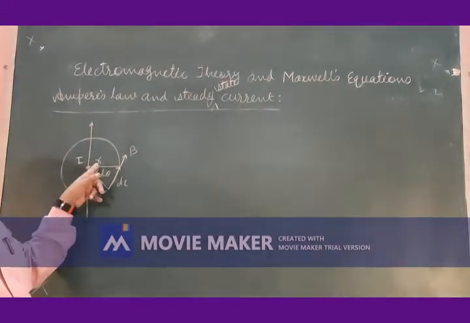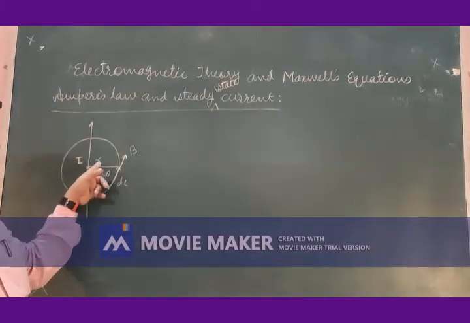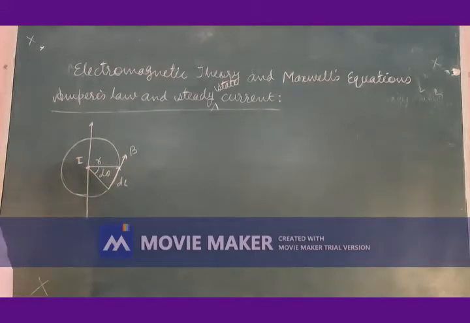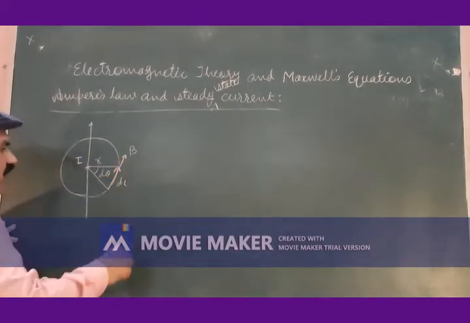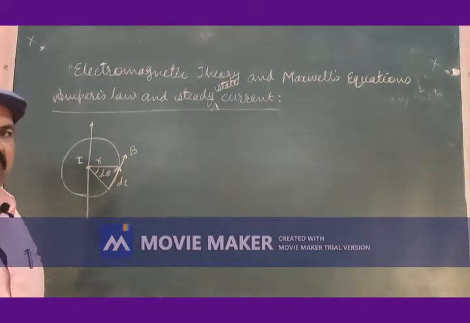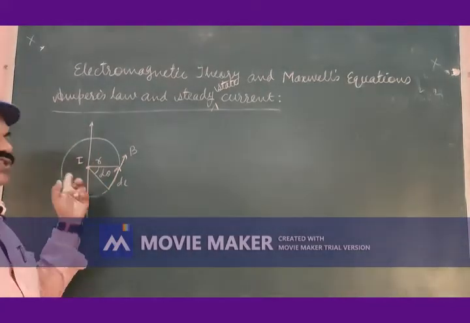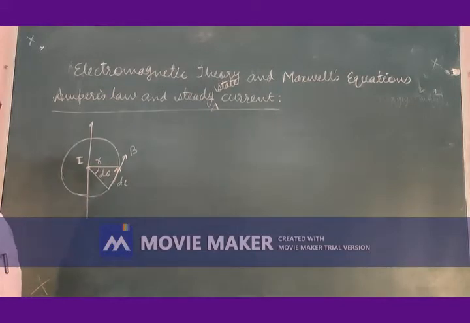Let us suppose that R is the radius of this closed path. dl is the smallest possible arc of this closed path.